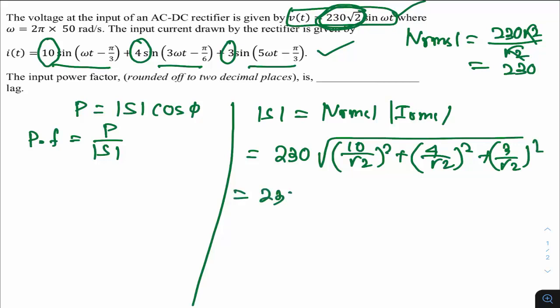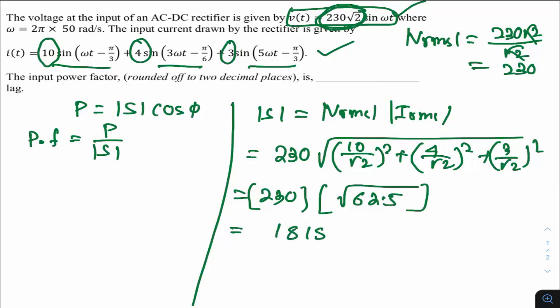This happens to be 230 times the square root of 62.5 if you solve this. If you use a calculator, you will get 1818.3. So this is your mod S, equal to 1818.3 volt ampere.